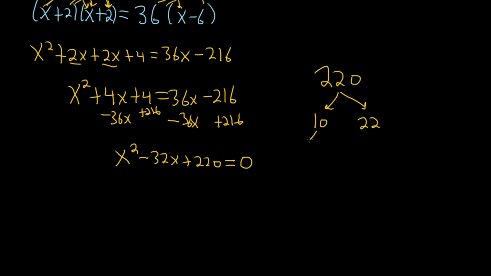Another option for the 10 is 2 times 5, and we can't break it down any further. And for the 22, we get 11 and 2. I think this is called a factor tree. So now we can try to think about how we can get 32.